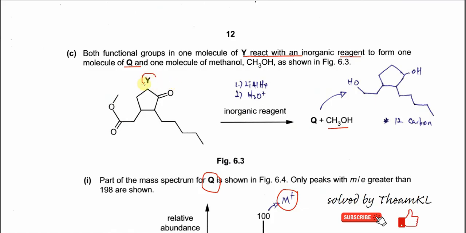So in the molecule Y, it has a carbonyl, and the Q doesn't have this carbonyl. That's a difference. And Q has a hydroxyl group, and Y doesn't have a hydroxyl group. That's the 2 differences. Again, Y has a carbonyl group, and Q has a hydroxyl group. So you need to focus on these 2.